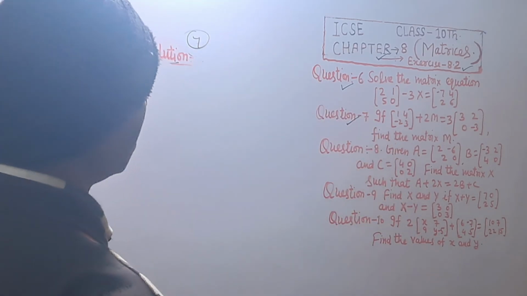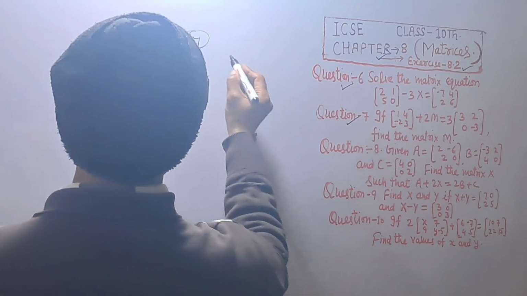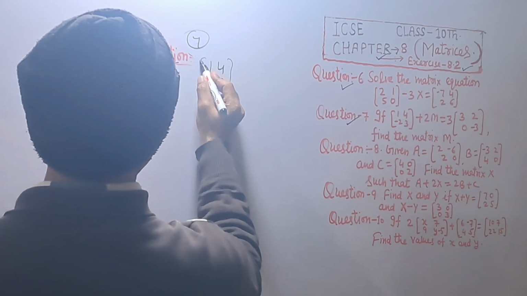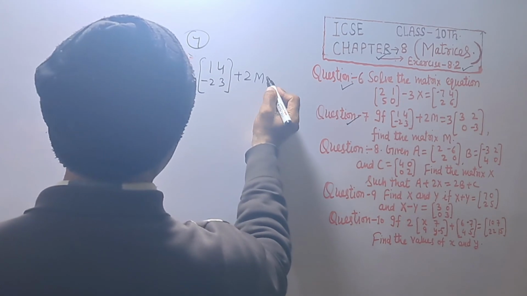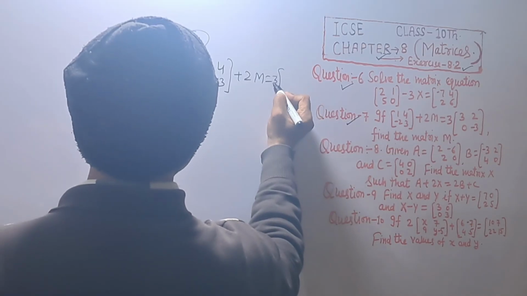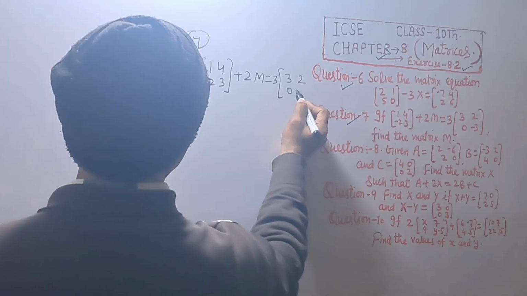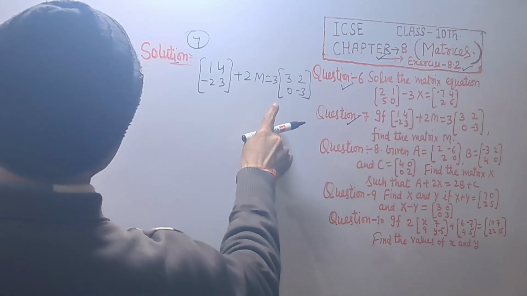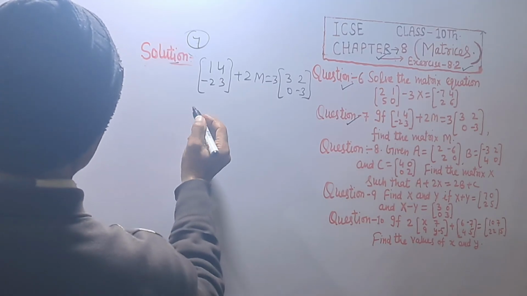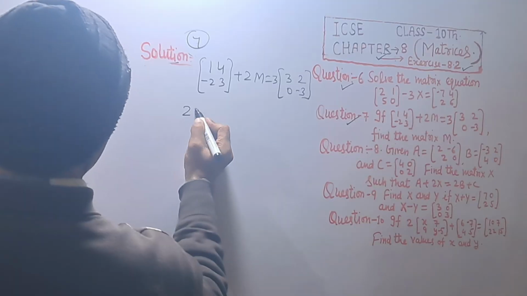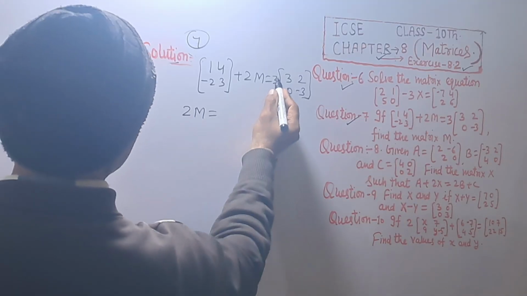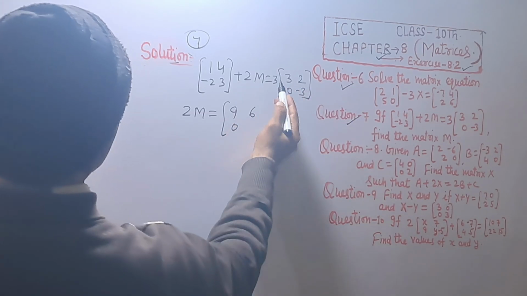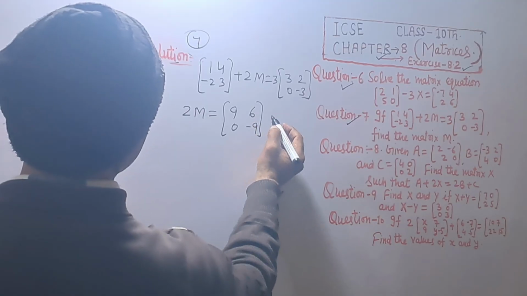Question number 7. If [1, 4; -2, 3] plus 2m is equal to 3 times [3, 2; 0, -3], we find the value of m. 2m is equal to 3 into [3, 2; 0, -3]. 3 3s are 9, 3 2s are 6, 3 zeros are 0, 3 into minus 3 is equal to minus 9.